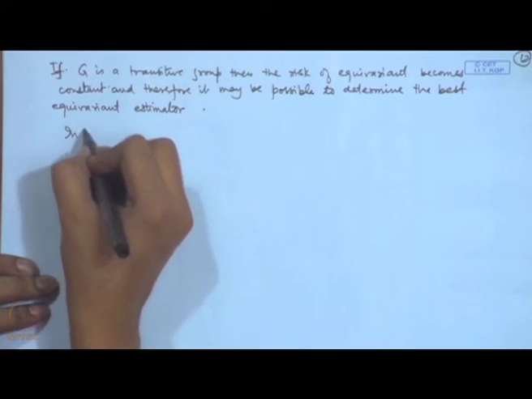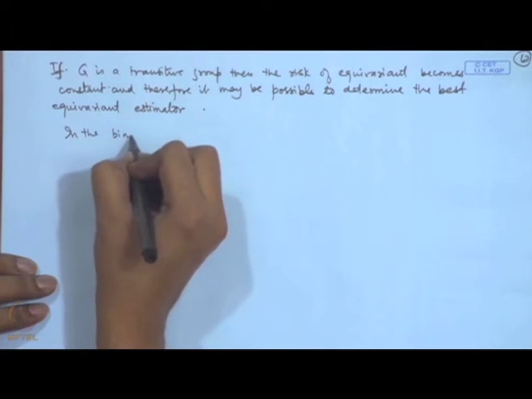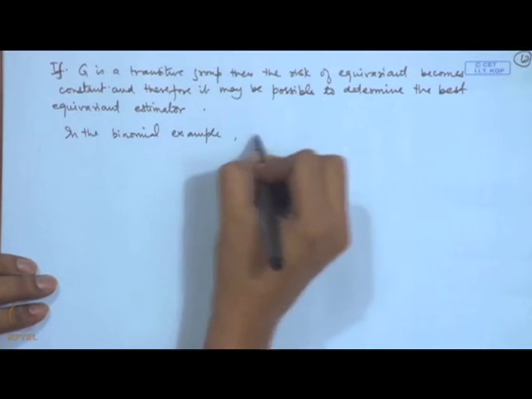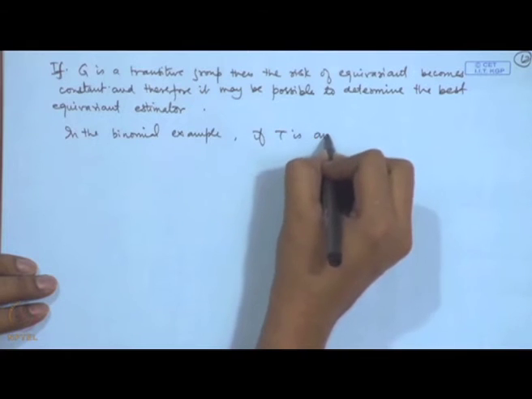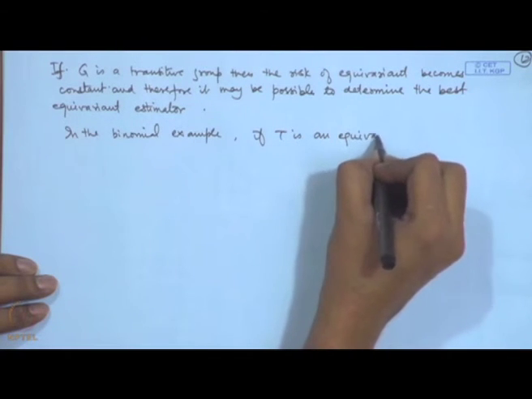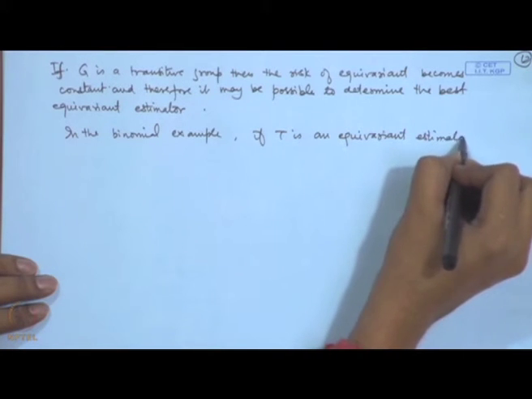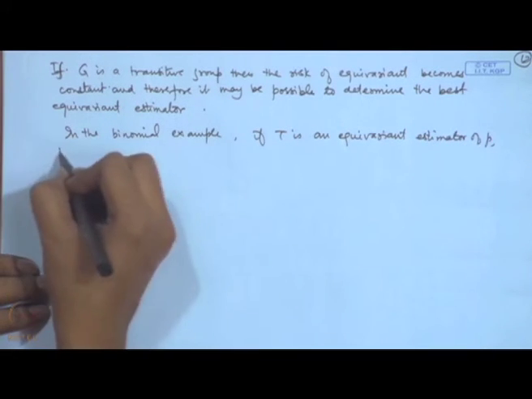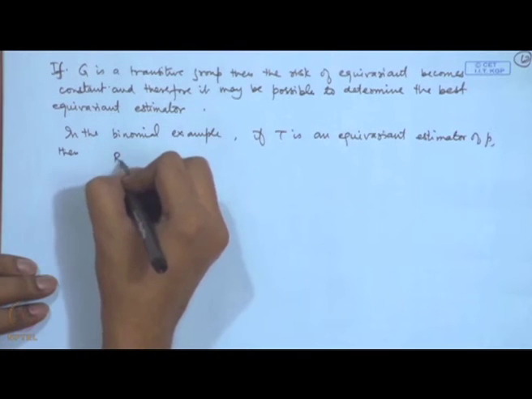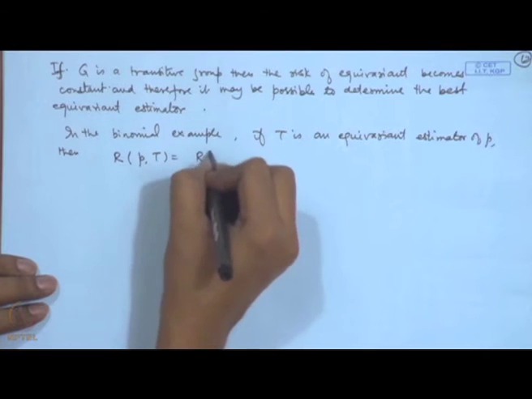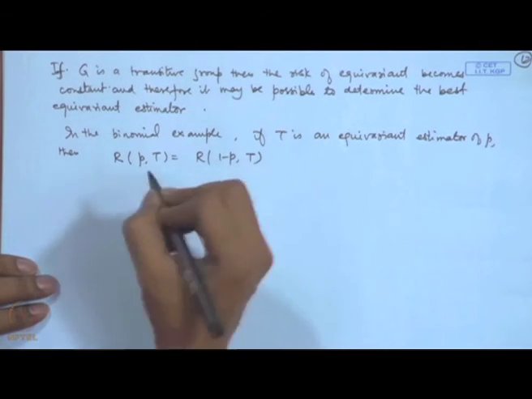So, in the binomial example, if T is an equivariant estimator of p, then risk of T is equal to risk of T at 1 minus p.